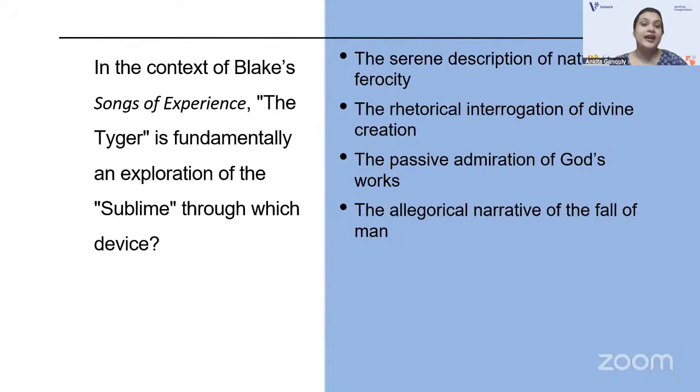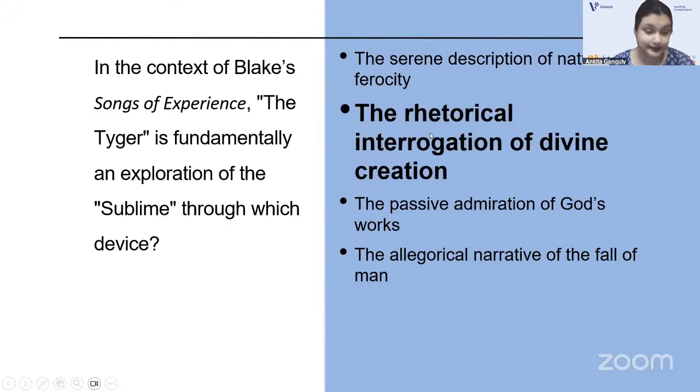Right. In the context of Blake's Songs of Experience, "The Tyger" is fundamentally an exploration of the sublime through which device? The serene description of natural ferocity, the rhetorical interrogation of divine creation. Okay? In the context of Blake's Songs of Experience, "The Tyger" is fundamentally an exploration of the sublime through the extensive use of rhetorical questions.